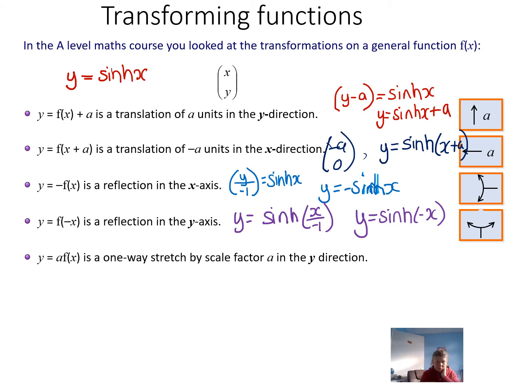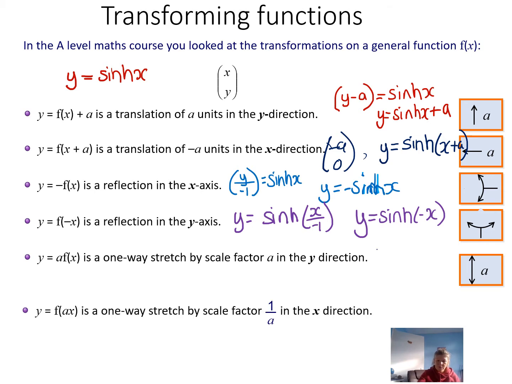We have got a stretch by scale factor A in the y direction. So we replace the y with y over A. Let me just, I've got a bit of space. y over A equals sinh x. So therefore we end up with y equals A sinh x.